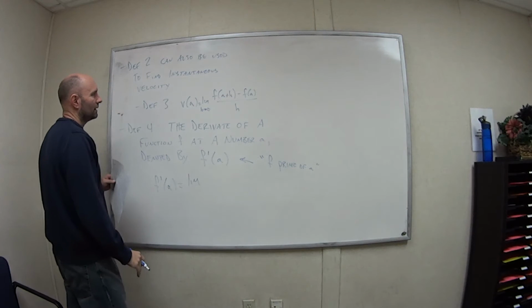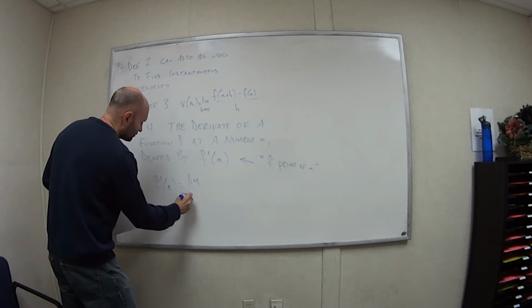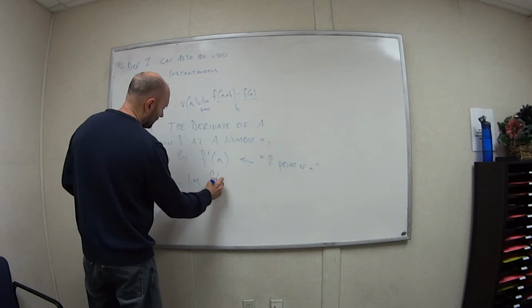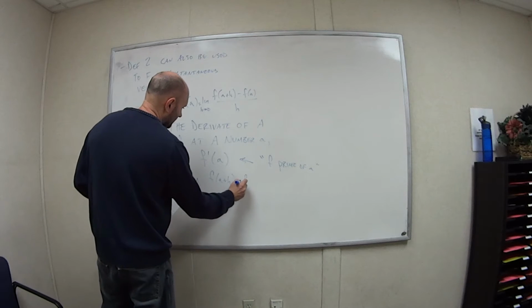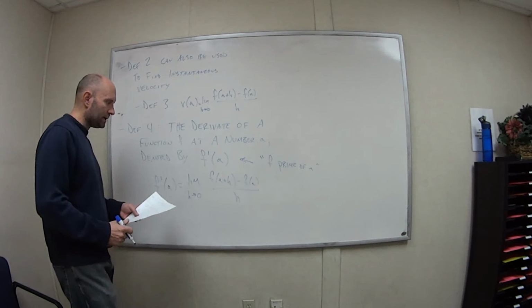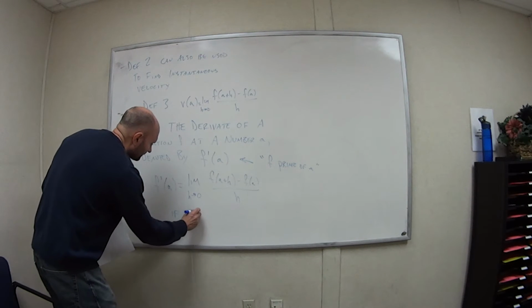So we always have that limit. But f prime of a is the limit as h goes to 0 of f of a plus h minus f of a all over this value h, if the limit exists.